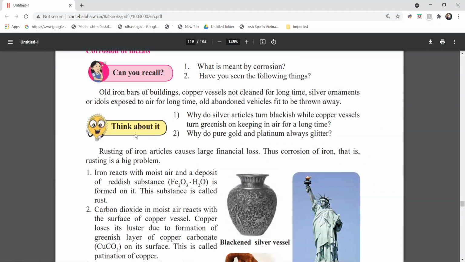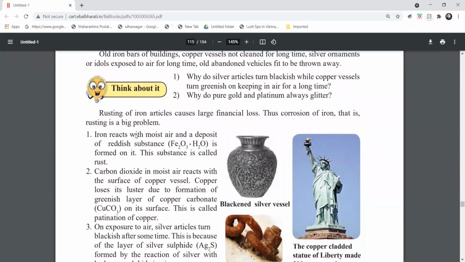Okay. Now coming to something called corrosion of metals. We've all seen corrosion. We've all seen a cycle's spokes getting rust colored. We've all seen exposed metal, like our grill, getting rust colored. If your grill is not painted with an oil paint, you will see the grill changing its color. Even if it is painted, after some time the paint chips off, then the iron gets rusted. So why does that happen?